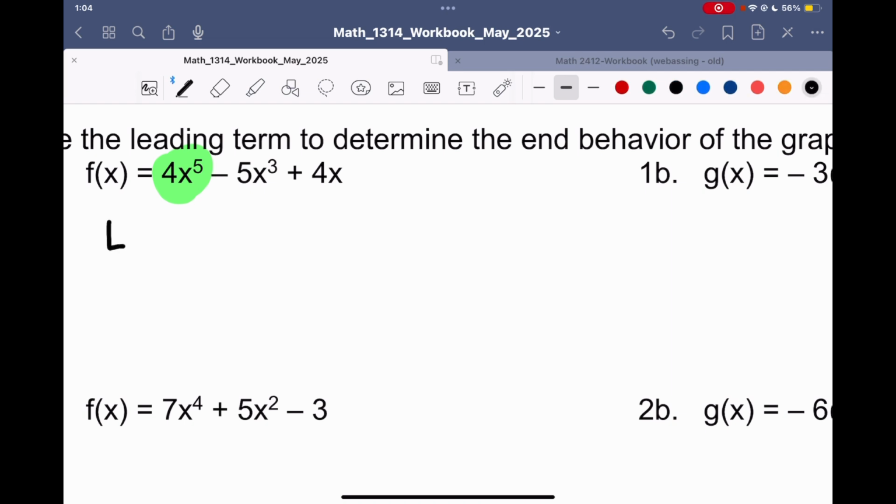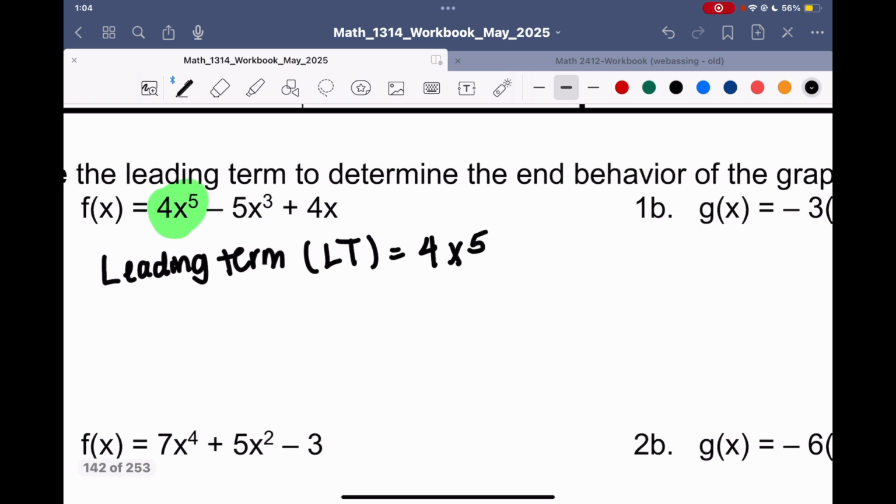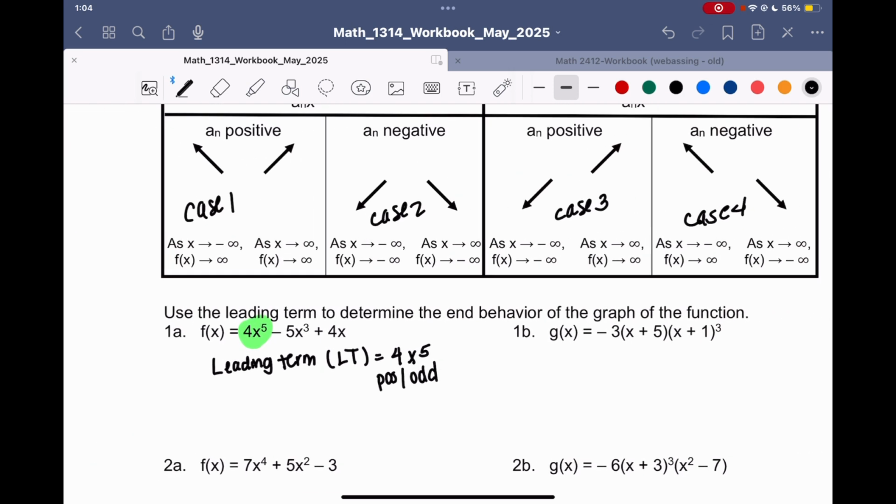So we're going to say leading term, we're just going to call that LT, is 4x to the 5th. Now, this is a positive odd function. So that's going to be case 3. So the end behavior is down on the left, up on the right.